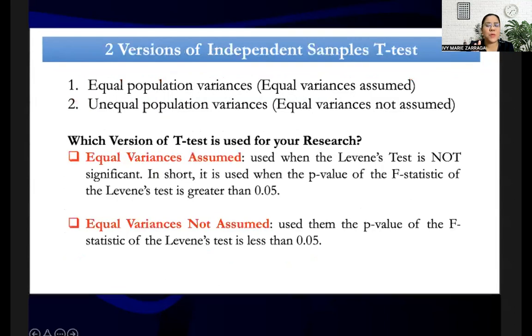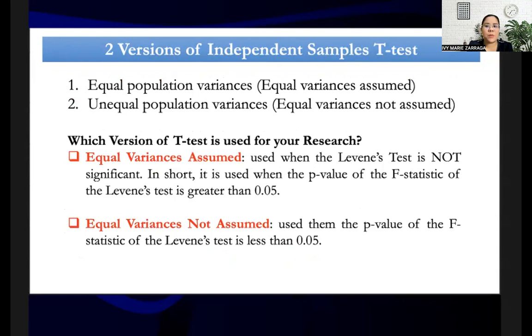So there are two versions of independent samples T-test. We have the equal population variances or equal variances assumed, and unequal population variances or equal variances not assumed. So for the researcher, it is important to identify the appropriate version of the T-test that will be used for our data.